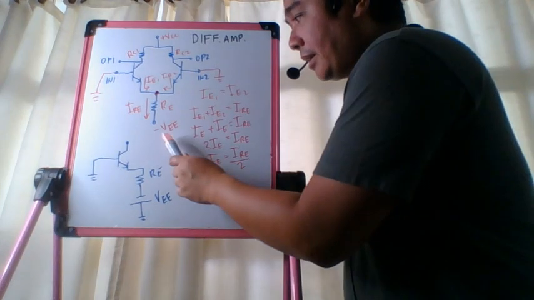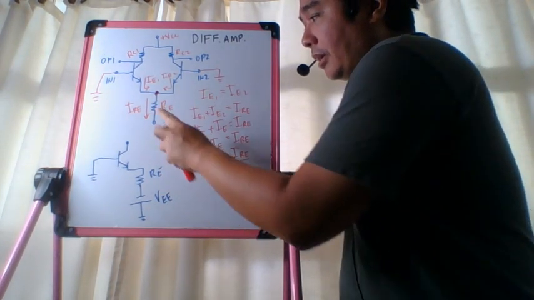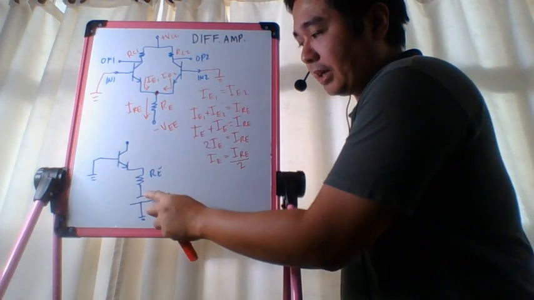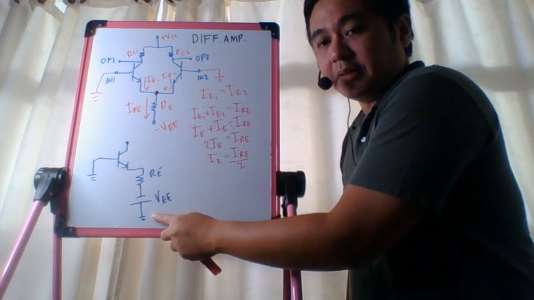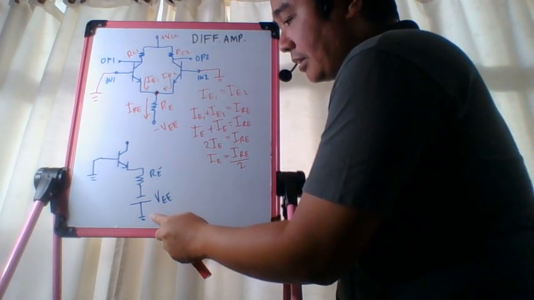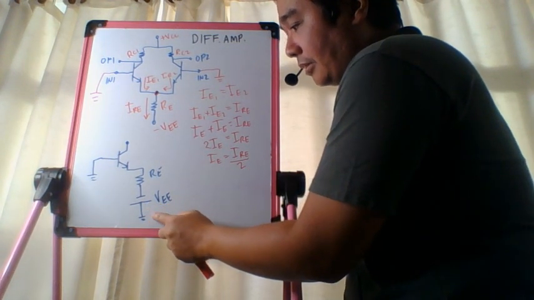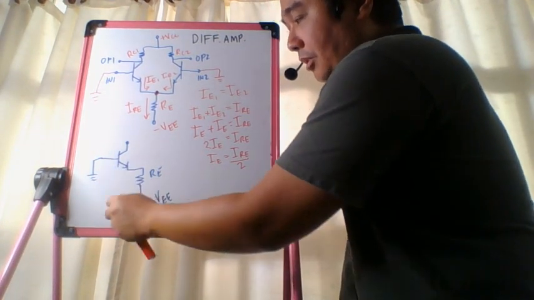Since yung power supply natin, VEE, the negative VEE is connected to one terminal of our RE, the equivalent is this one. So yung negative connected doon, and then yung positive is connected to the ground. So as you can see here, since the positive terminal of VEE is connected to the ground, it's also connected to your base. So they have the same potential.